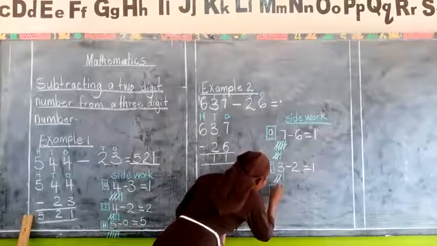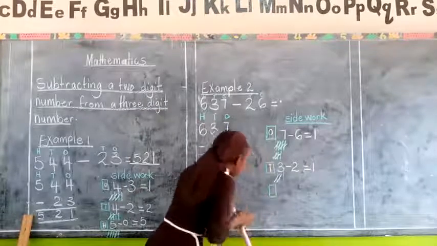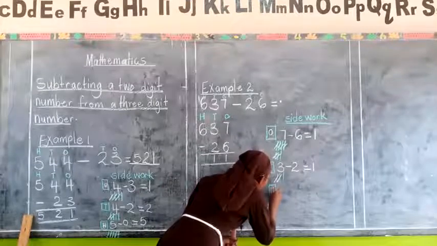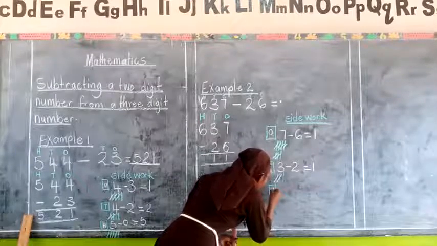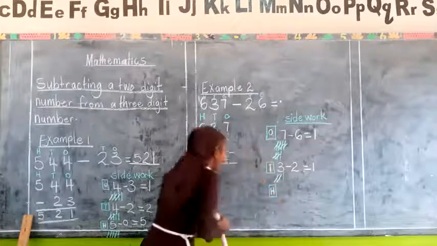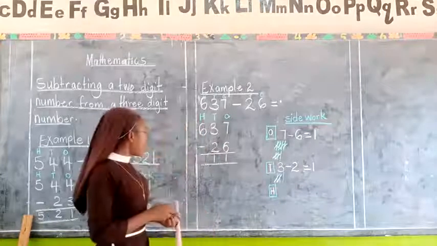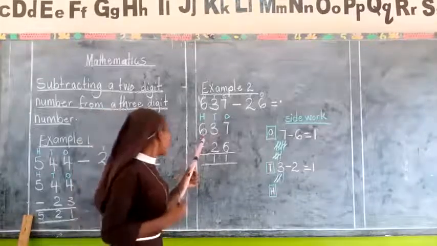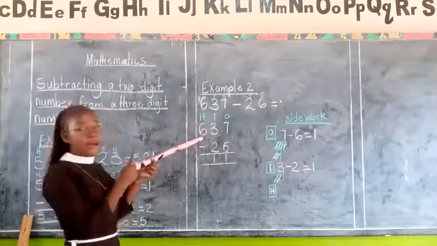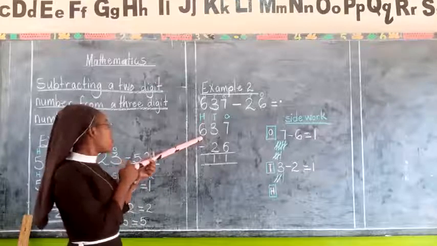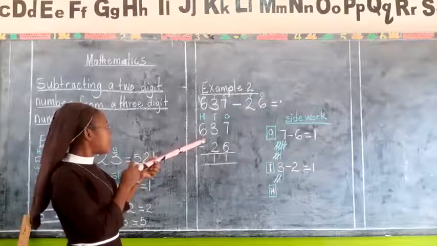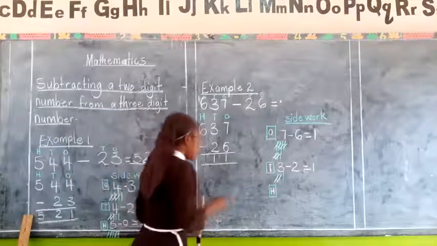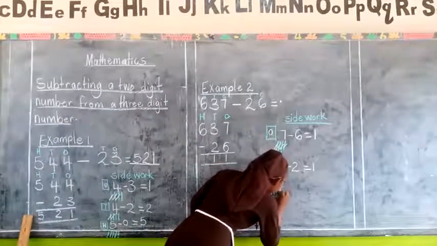Under the hundreds, we draw a box represented by capital H. Everybody say capital H. Capital H represents the hundreds. Under the hundreds, when we look clearly here, we have only 1 digit, and that is number 6.